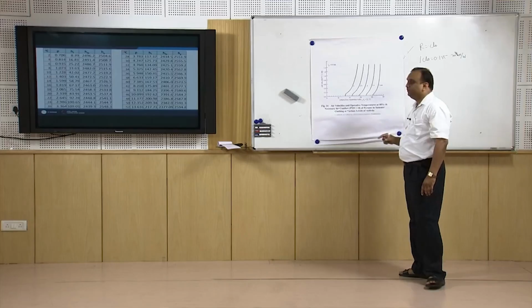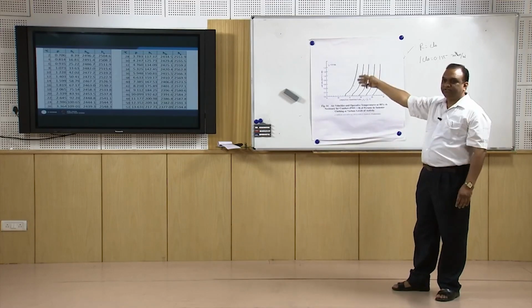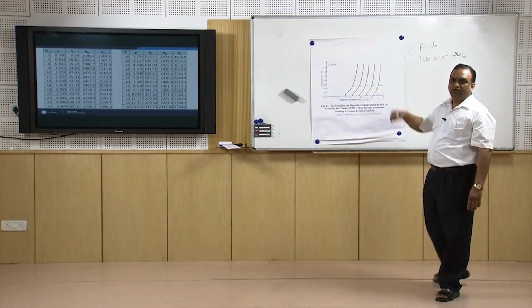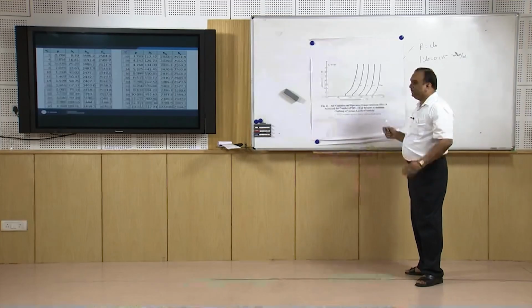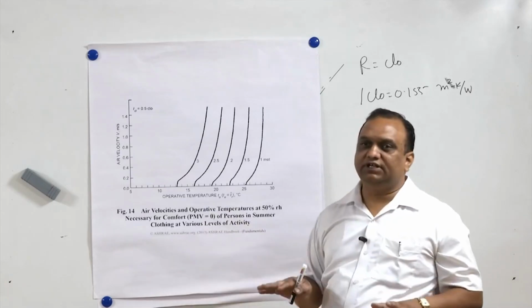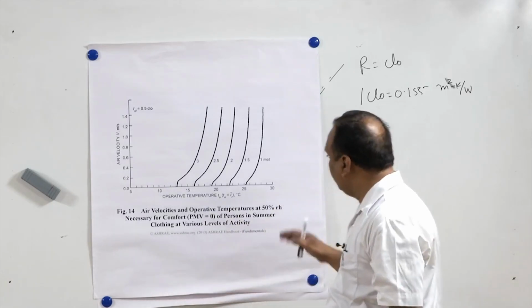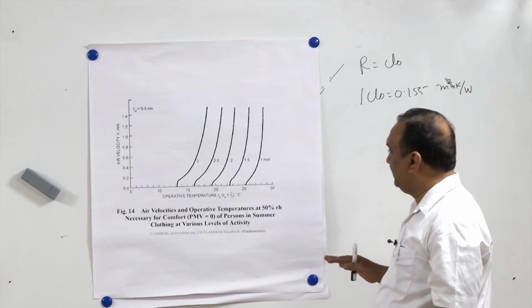PMV is predicted mean vote. This 0, 1, 2, 3 classification I told you, from chill to hot climate. So predicted mean vote 0 means a person in this particular environment is feeling extremely comfortable.